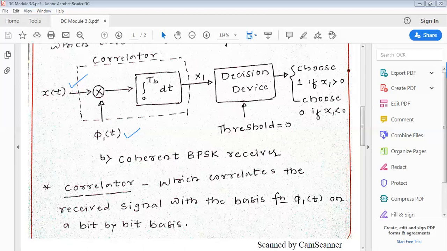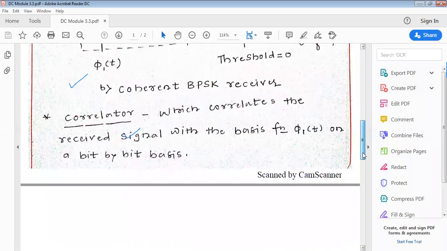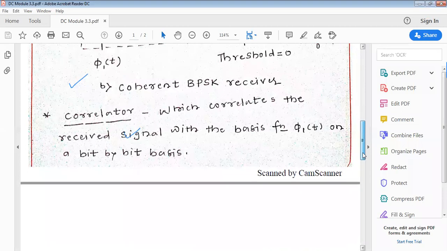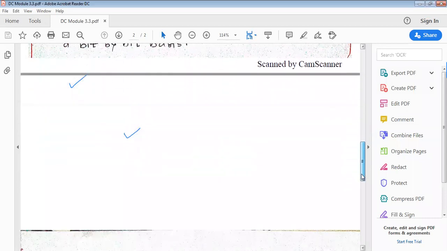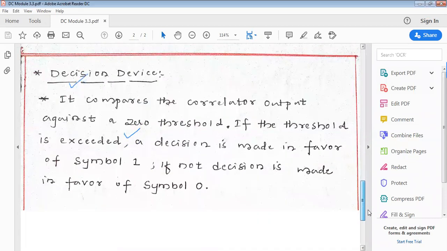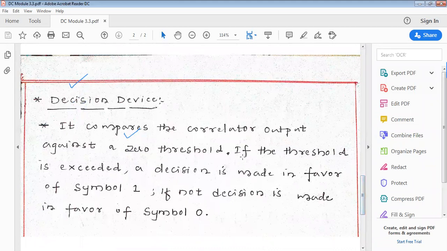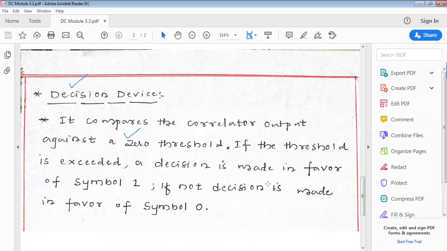The same thing is explained here: the correlator correlates the received signal with the basis function phi1 of t on a bit-by-bit basis, and then the decision device compares the correlator output against the zero threshold. If the output of the correlator x1 is greater than 0, then a decision is made in favor of symbol 1.